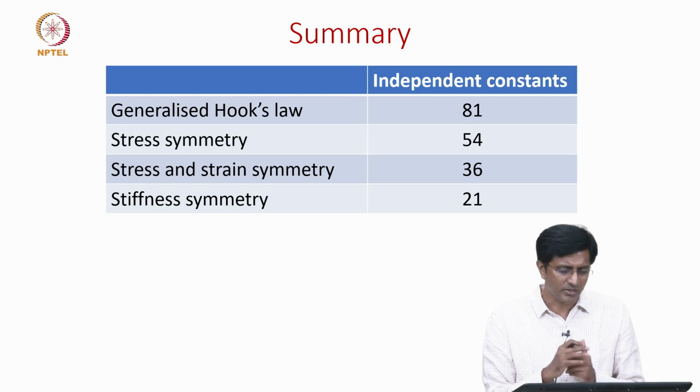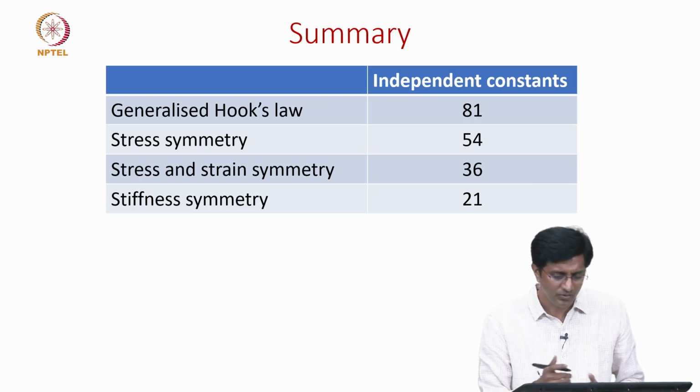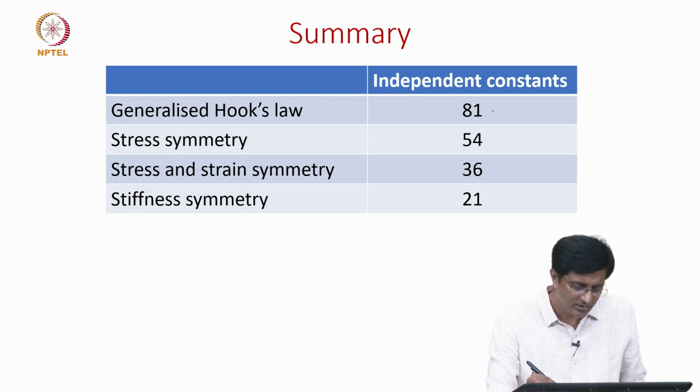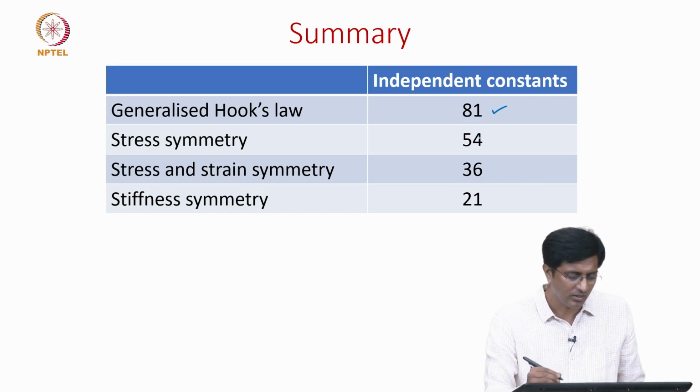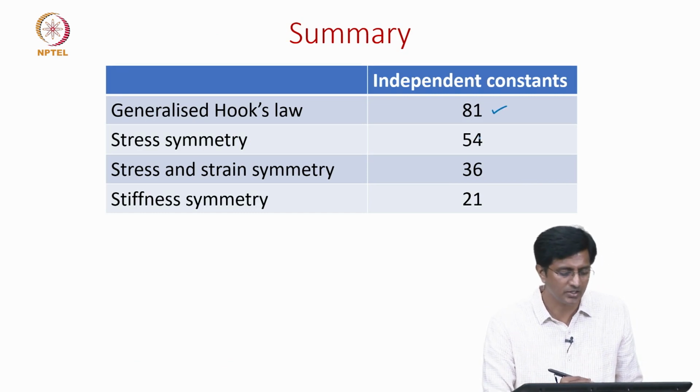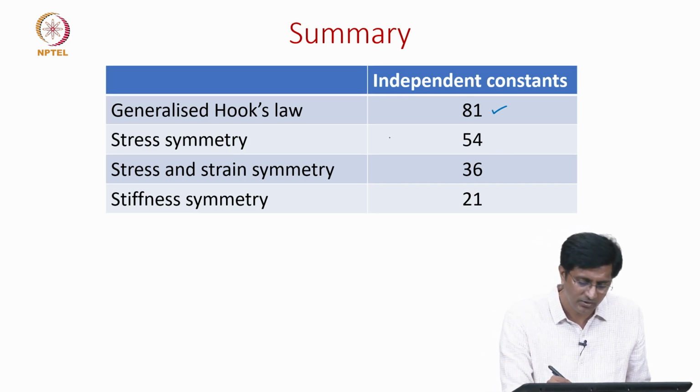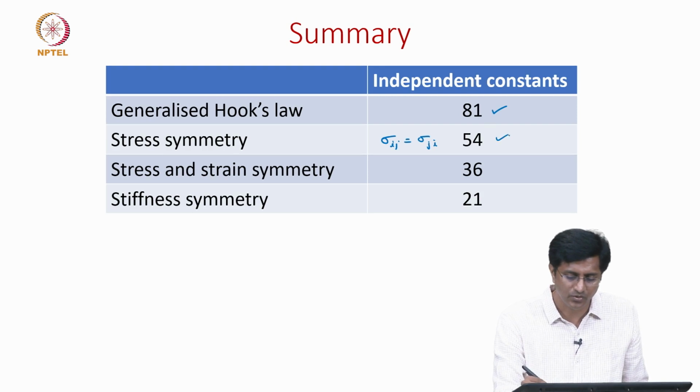So, with this, let us summarize what we discussed in this video. We started with 81 independent constants for a generalized Hooke's law, but because of the stress symmetry, sigma ij equals sigma ji, this got us down to 54 constants.